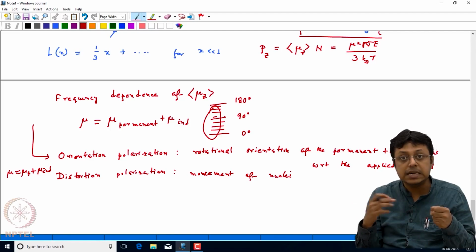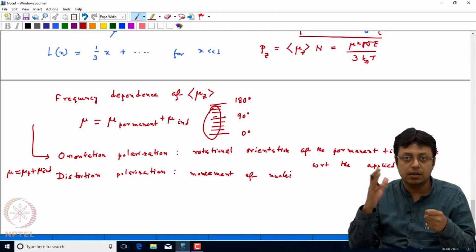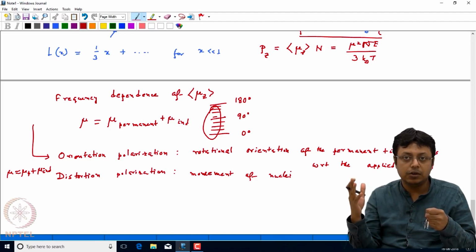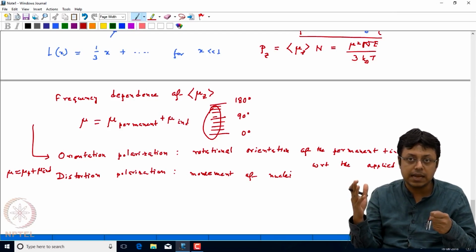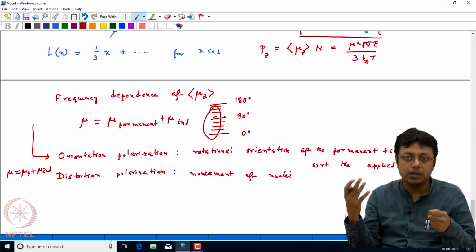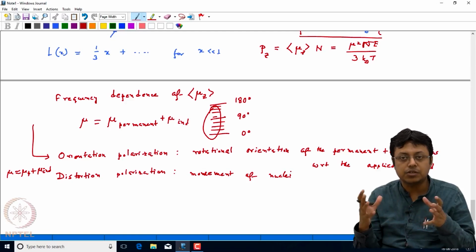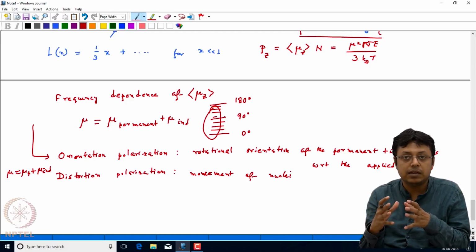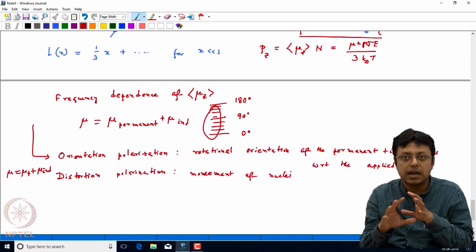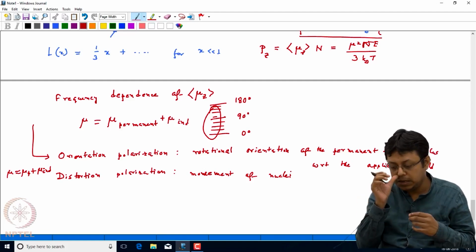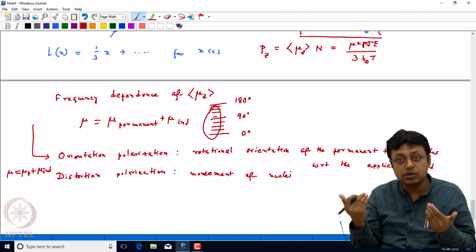If I increase it too much, so that it is oscillating more than 10 to the power 12 per second, more than terahertz frequency, then the vibrations also will not sense. It will see as if the electric field is switching too fast, a kind of zero effect on it. So then I will also not see the distortion polarization.